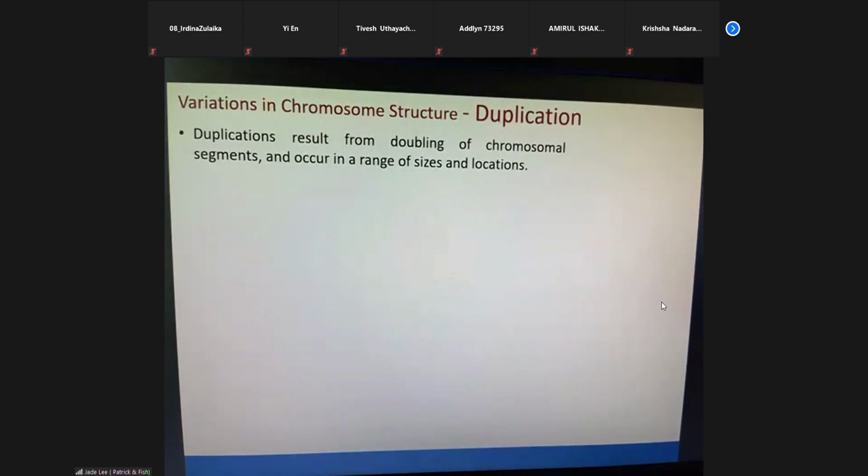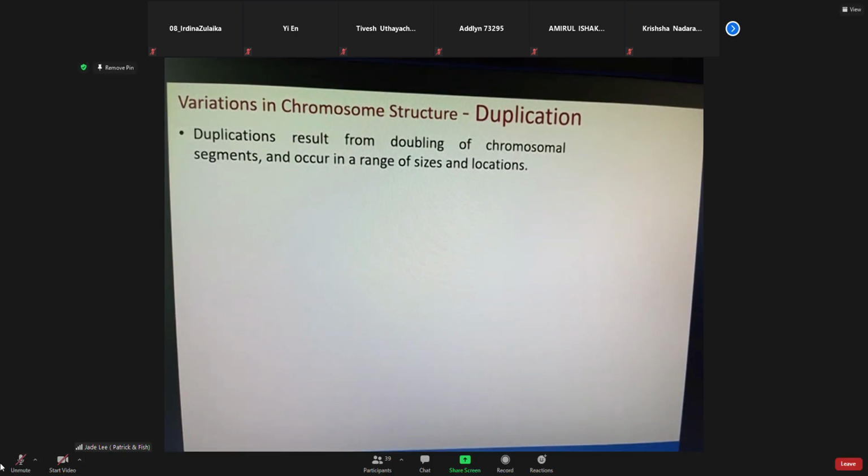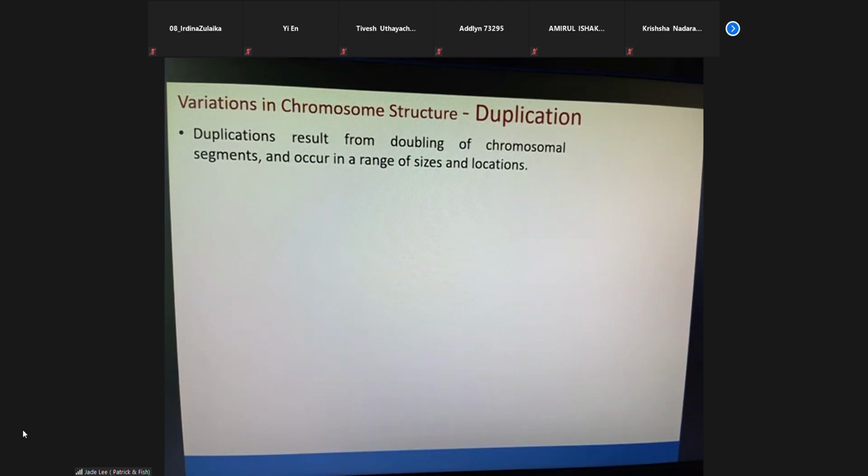Now, just now we looked at deletion, right? Now we look at duplication. What will happen if the regions are duplicated? So duplication results from a doubling of a chromosomal segment and occurs in a range of sizes and locations.